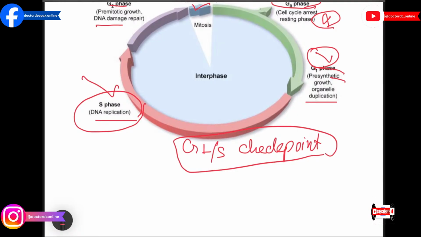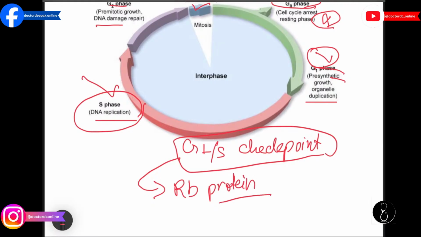It is a checkpoint for DNA integrity; cells with damaged DNA are not allowed to enter the S phase, to limit the propagation of mutations. One regulator at the G1/S checkpoint is the retinoblastoma protein, RB protein, and these proteins are responsible for the regulation of the cell in the G1/S phase.